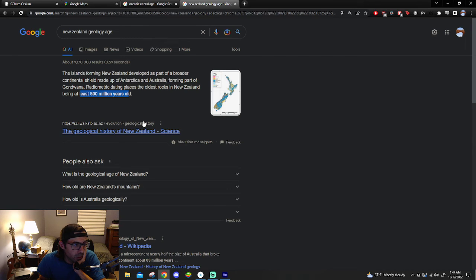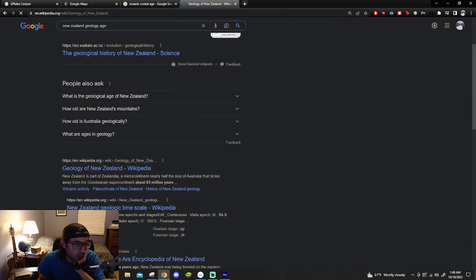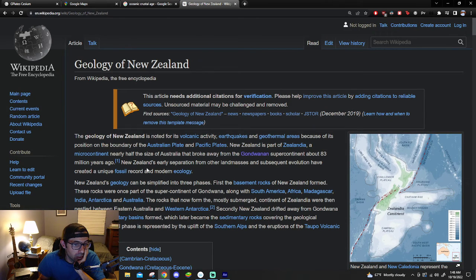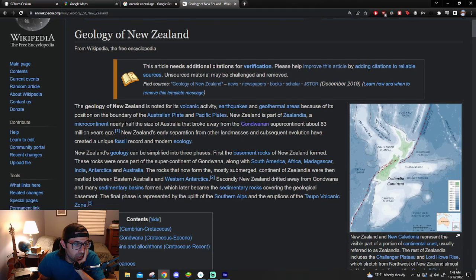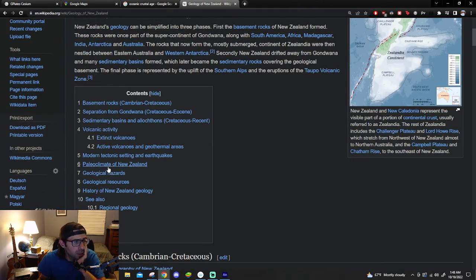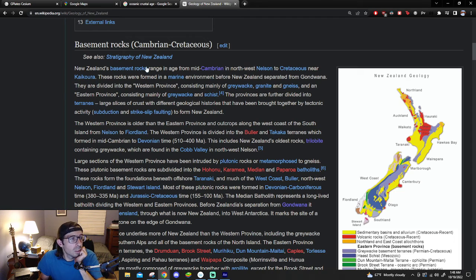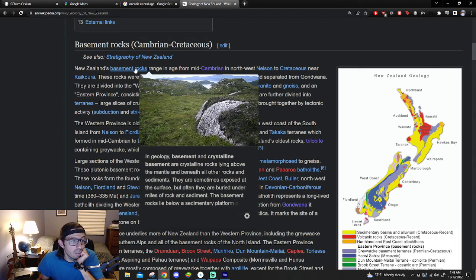Oldest rocks, but then the youngest rocks, the youngest are probably really young. Here we go. Let's see. Broke away. Mostly age I'm looking for here. Basement rocks. Ew.